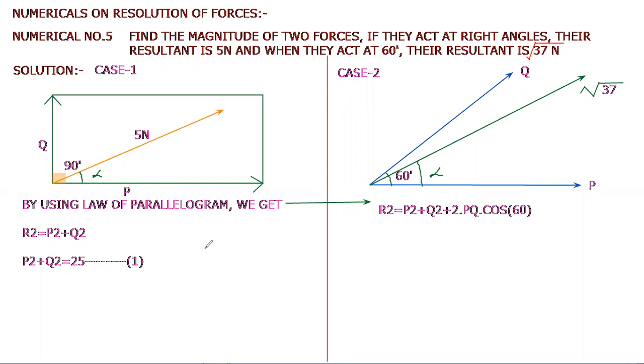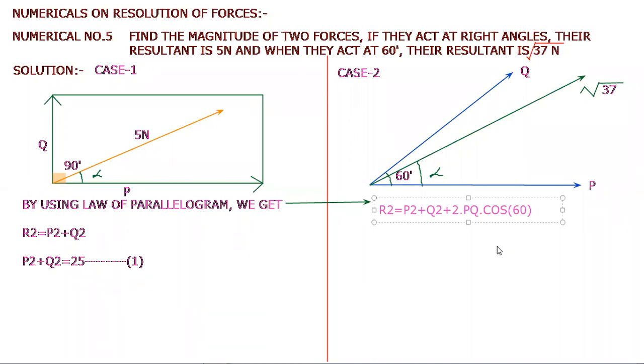Now after that, putting the values here, you will get cos of 60, value of r, that is root 37. Square of root 37 will be equal to 37. Cos of 60 will be equal to 1 by 2. Cos 60 is equal to sin 30, and sin 30 is equal to 1 by 2.